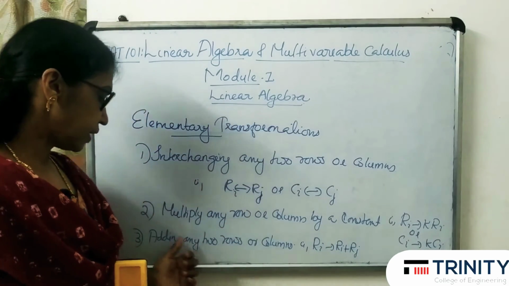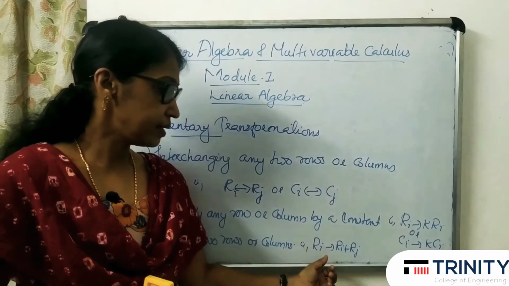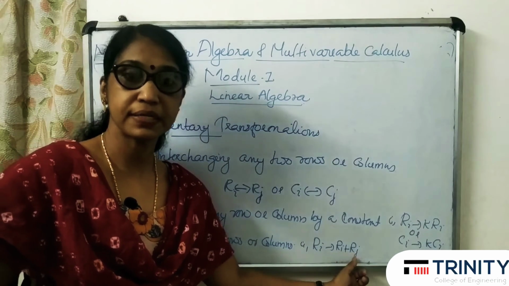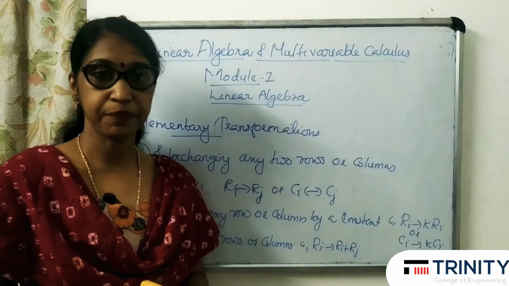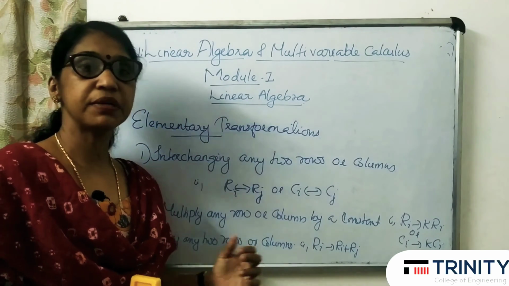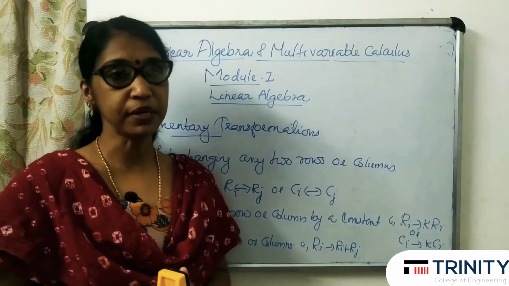And the last one is adding any two rows or columns, that is Ri gives Ri plus Rj, or Ci gives Ci plus Cj. These are the three elementary transformations which are helpful to find out the rank of a matrix.